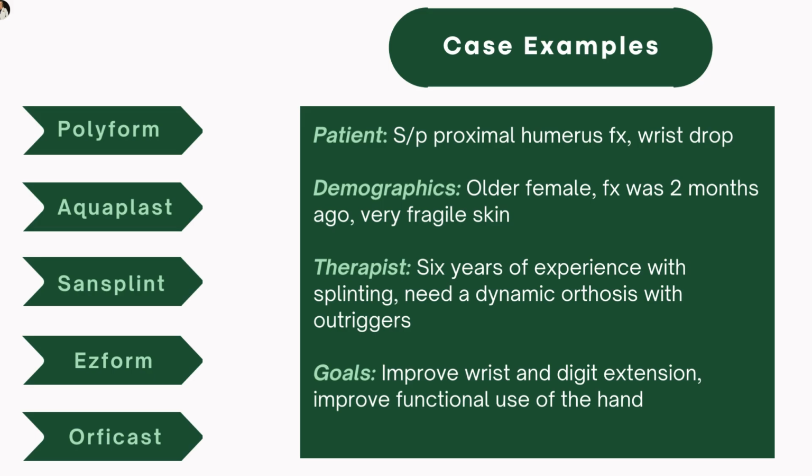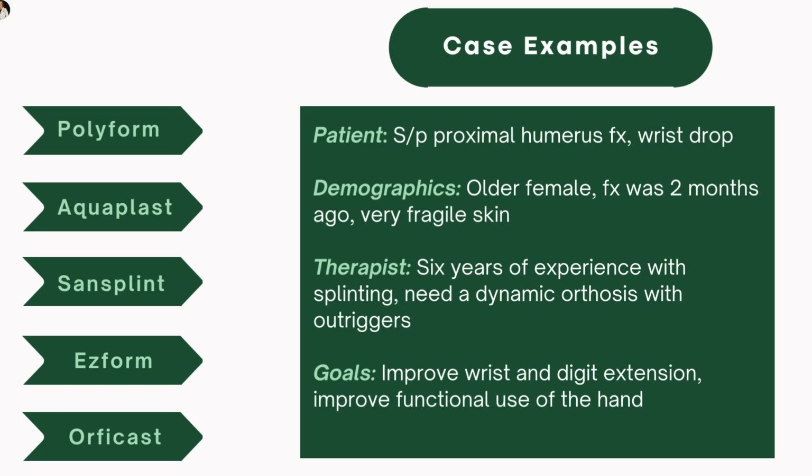You, the therapist, are very confident with your splinting abilities, and you need to make a dynamic orthosis for the hand with outriggers to put those digits into extension so the patient is able to functionally use the hand again. So the goals: improve wrist and digit extension, and like I just said, to be able to functionally use the hand. So that is your goal here.